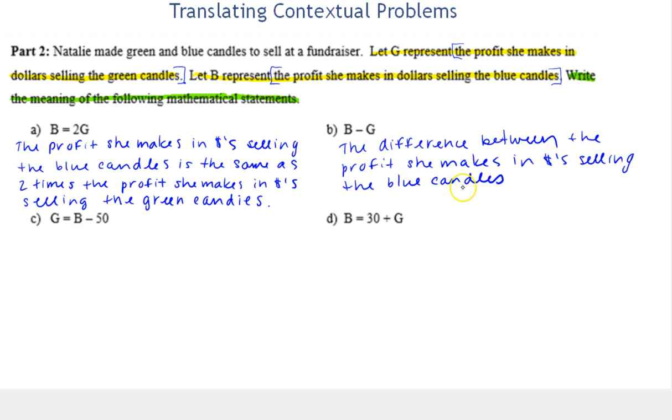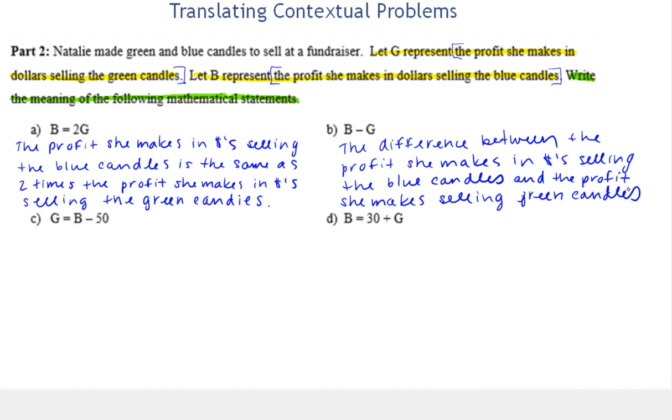And then remember how this was phrased when we had a difference between, we'd write the first thing, then the word and. So now we'll write and the second quantity, which is the profit for green candles. The profit she makes selling green candles.